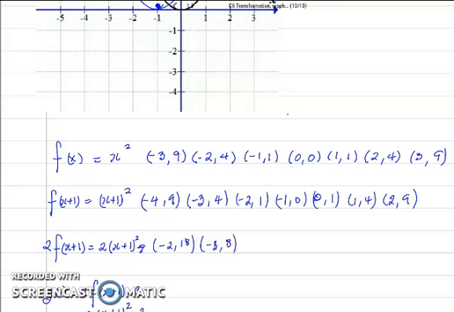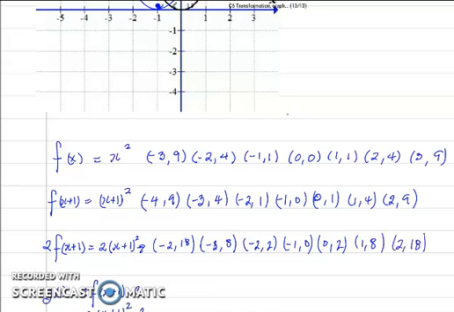So vertical stretch, factor 2: minus 2, 2, minus 1, 0, 0, 2, 1, 8, and 2, 18.